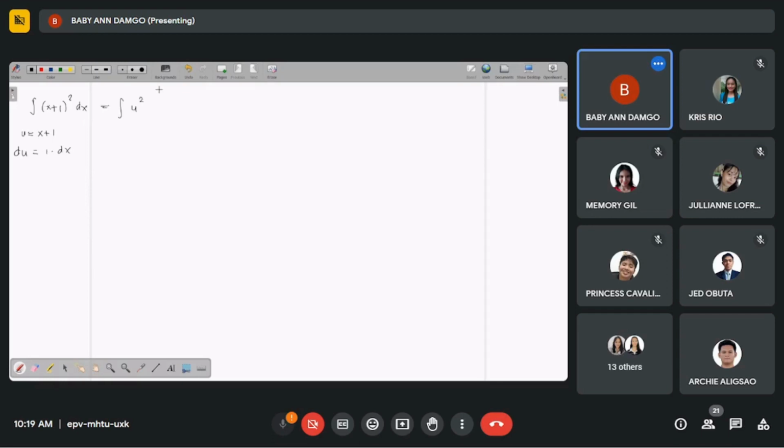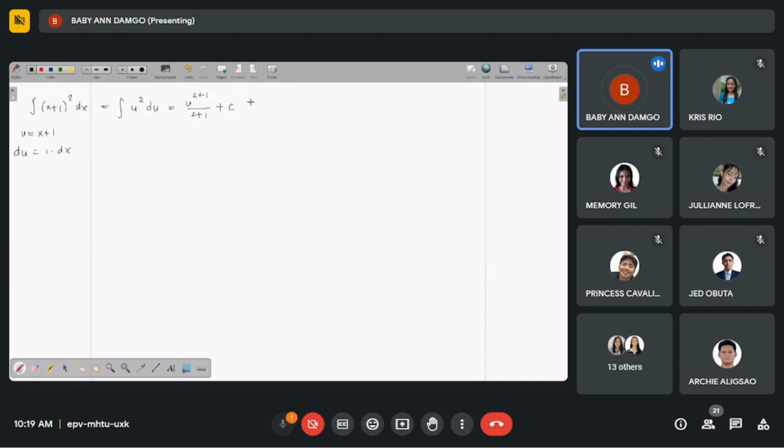And then our dx is equal to du. So now we can apply the power rule of integration, which is equal to u to the power of 2 plus 1 over 2 plus 1 plus c.